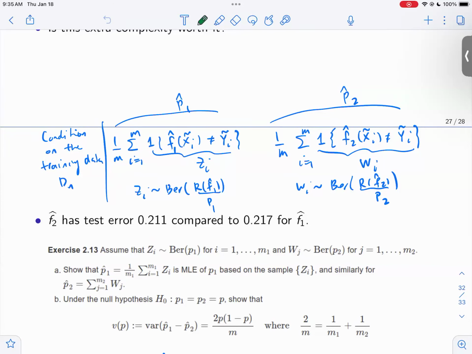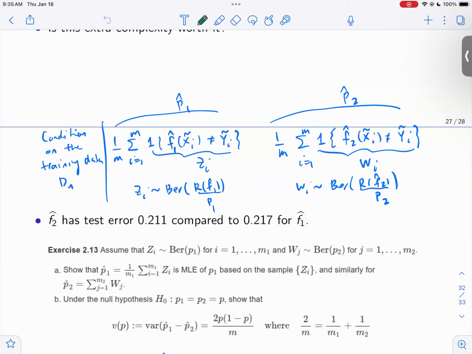They are averages of indicator variables, and the indicator is that your classifier output is not matching, you get a mismatch between the classifier output and the actual labels on the test data.